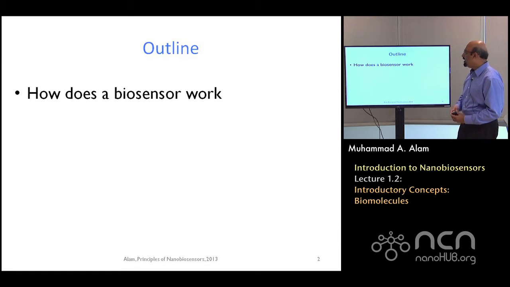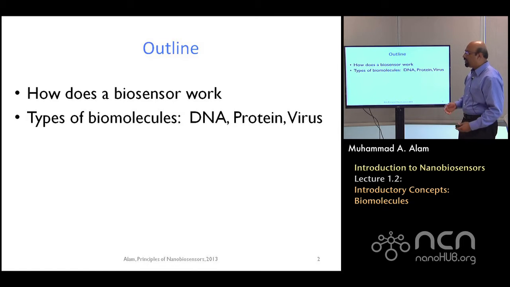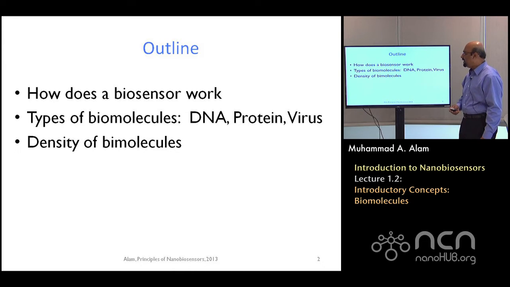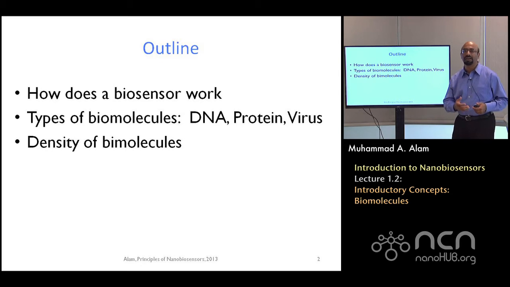So I will very briefly explain to give you a cartoon picture of how a biosensor works so that you have the big picture within which you can put individual biomolecules. We'll be talking about three types of biomolecules in particular: DNA, protein, and viruses. And then a very important thing in here is how to calculate numbers.